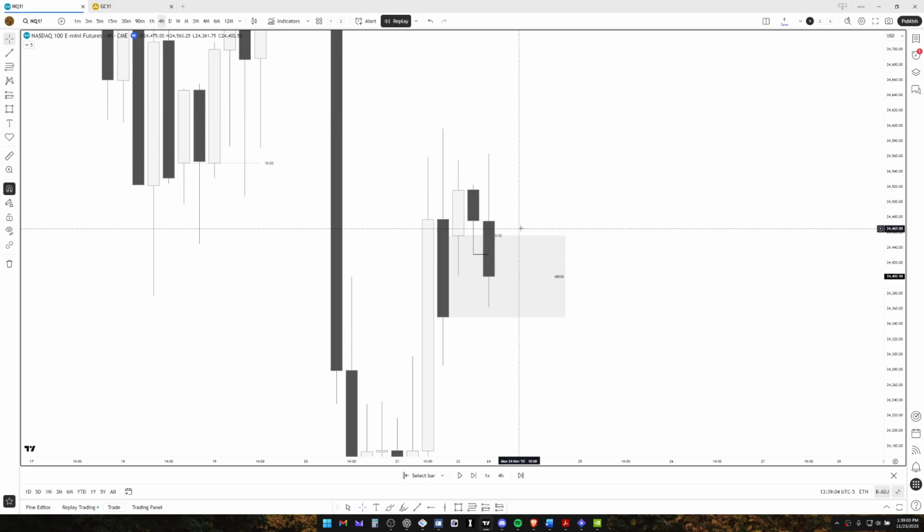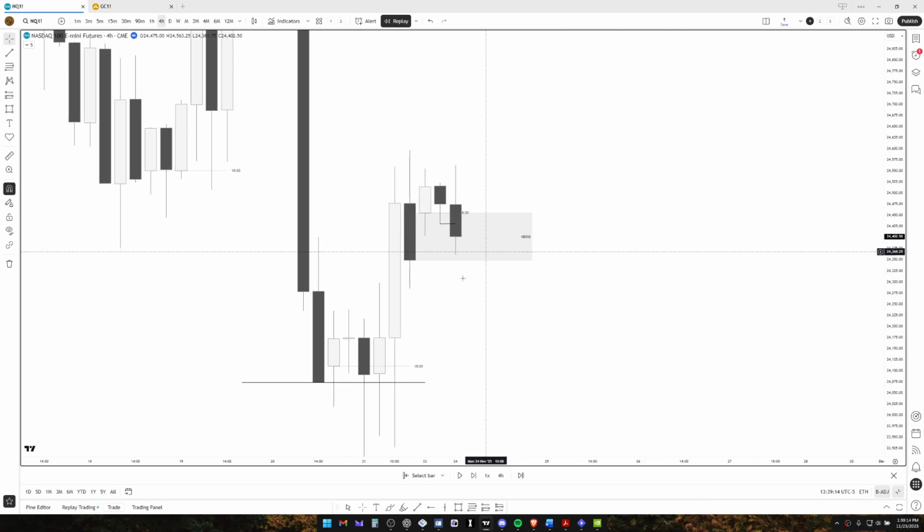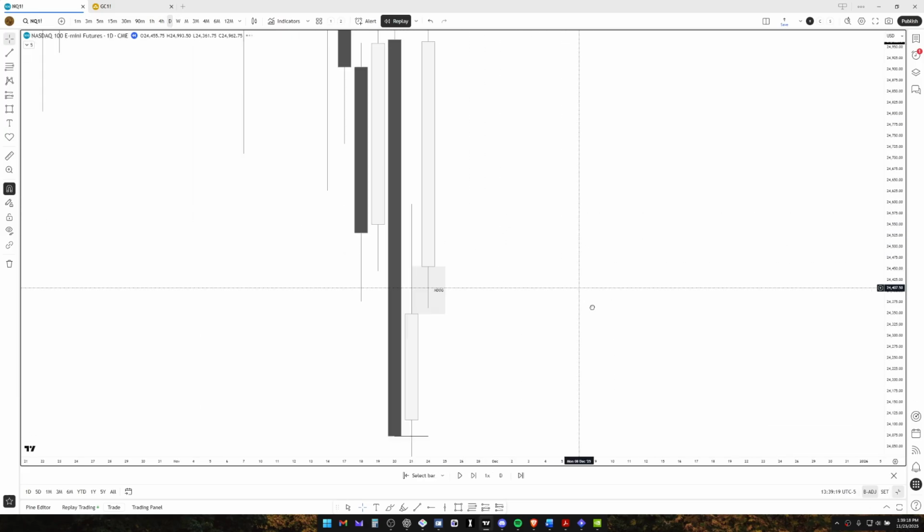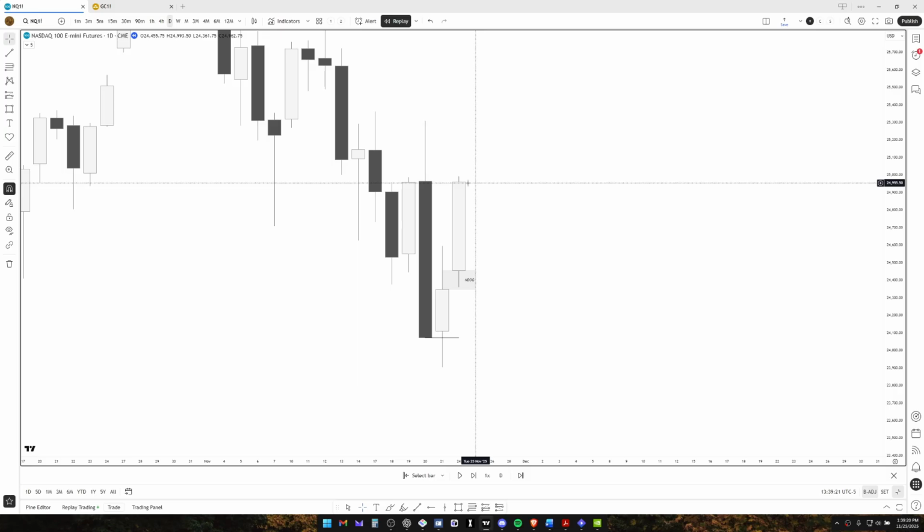Or you can anticipate candle 3 to expand because we're in a key time frame, a key area. You're basing it off of your idea of the daily. Because if you recall on the daily, we had the expansion, right?